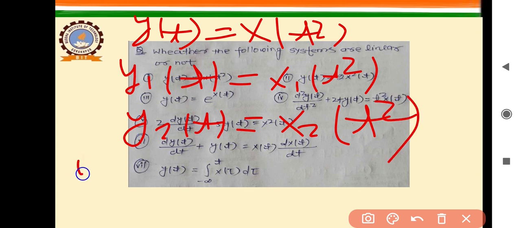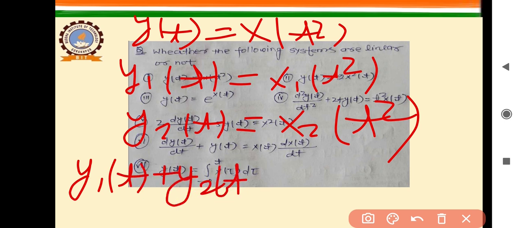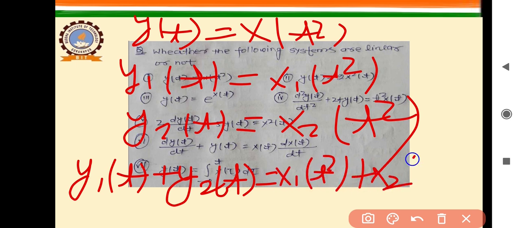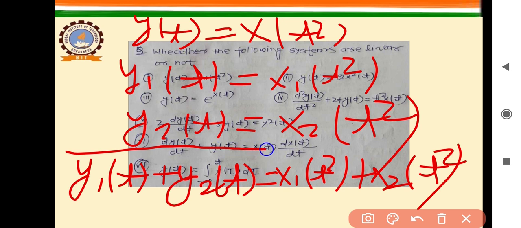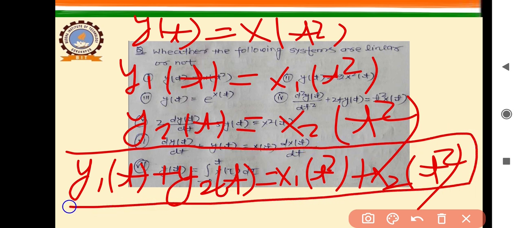Then y1(t) plus y2(t) will be equal to x1 of t square plus x2 of t square. Remember this equation.